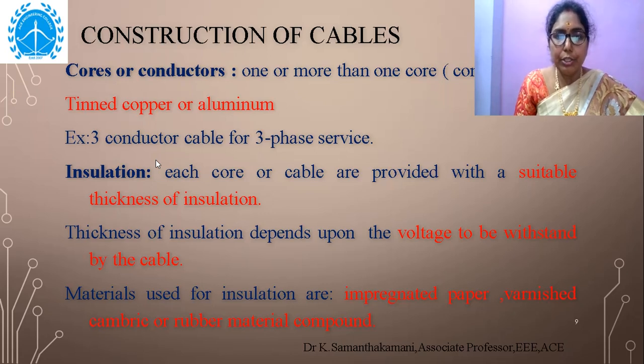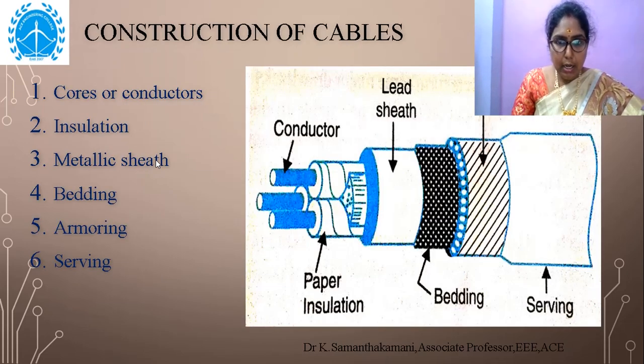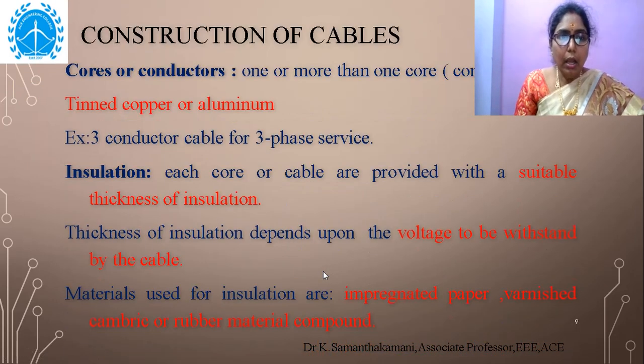Coming to the insulation, each core is provided with a suitable thickness of insulation. As I mentioned earlier, it has paper insulation, as you can observe here. Suitable insulation is done over each and every conductor. The thickness of this insulation depends upon the voltage to be withstood.